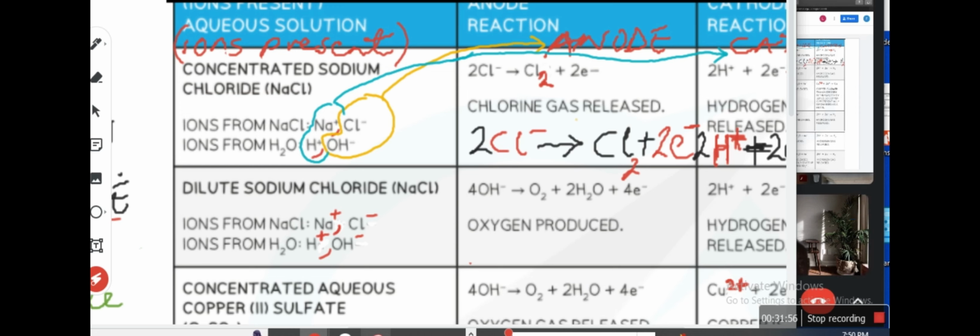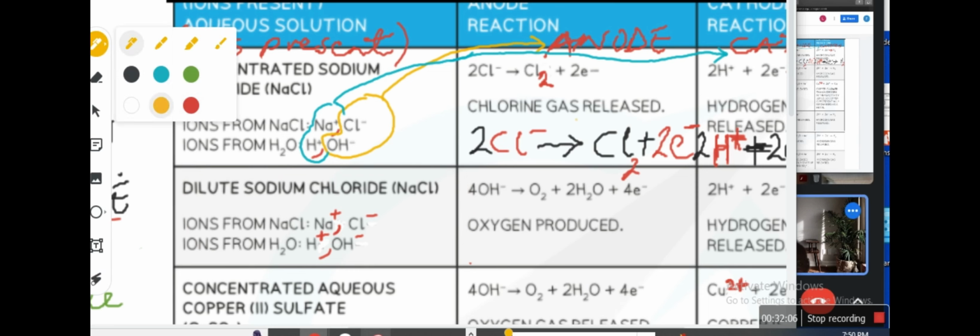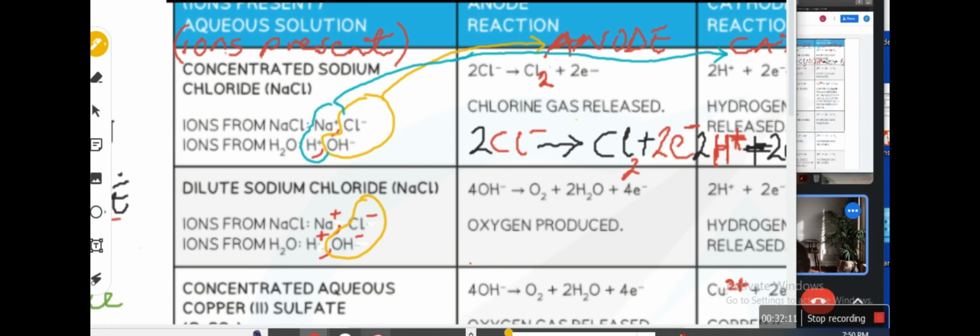Look at dilute. Check the ones that came to the anode. Same chlorine and hydroxide, isn't it? But which one was discharged?